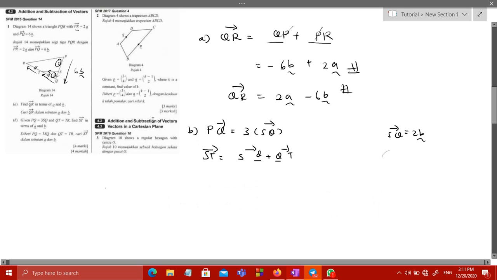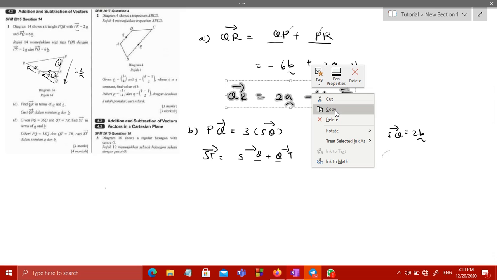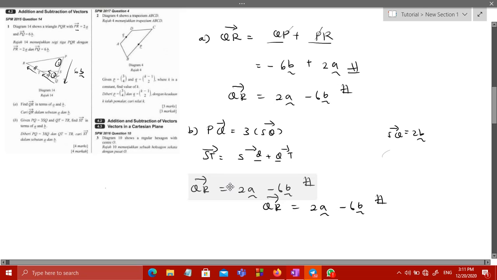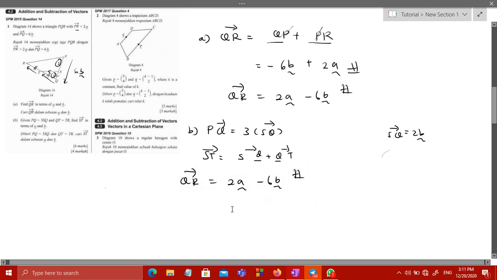And how about QT? We know just now we have found QR, which is this. Let me copy it and put it over here. QR is 2a minus 6b, and since QT is equivalent to TR, meaning T is the midpoint, so in order to find QT itself, you need to divide the whole QR by 2.